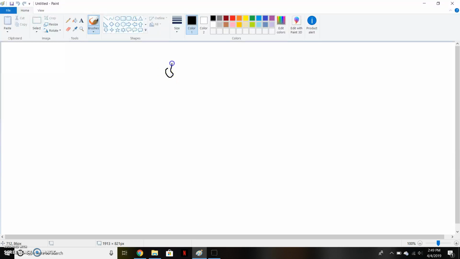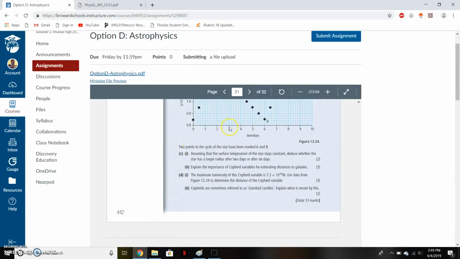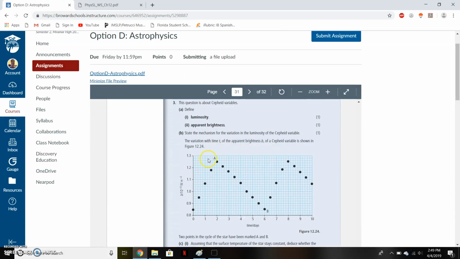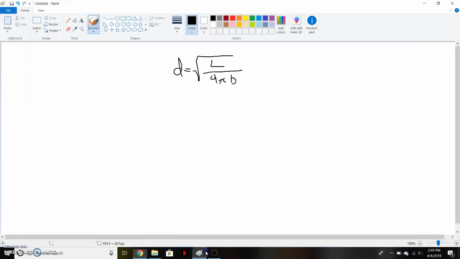So we use the same equation, just rearranged for distance. So distance d is equal to the square root of luminosity over 4 pi times apparent brightness. The brightness is the highest value we get from the table, 1.25 times 10 to the negative 10 watts per square meter.